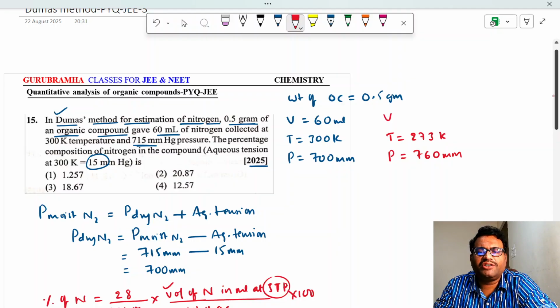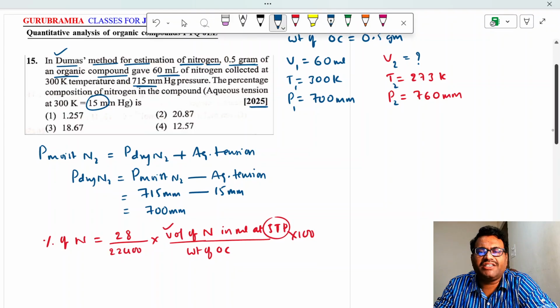Then we want this volume, and we have a formula from the gaseous state, with V1 T1 P1 and V2 T2 P2. We have studied that P1 V1 by T1 is equal to P2 V2 by T2.